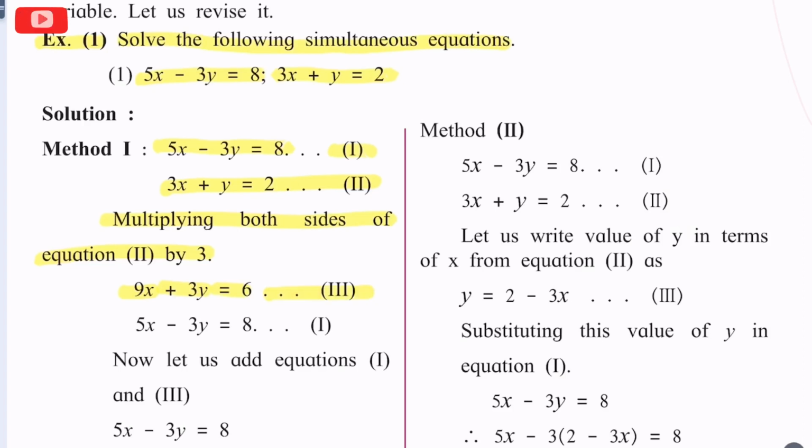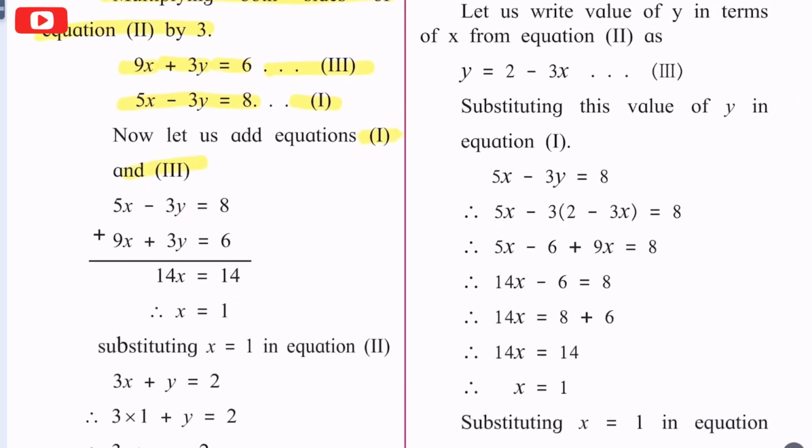The first equation we have again written because we want to add 1 and 3. So now let us add equations 1 and 3. We have written the equations one below another so that addition becomes simple. Now 5x plus 9x equals 14x.